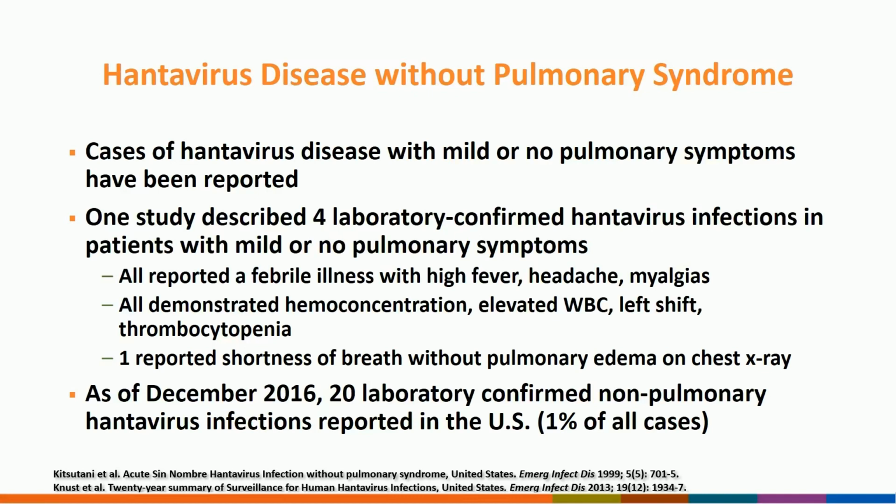Only 1 patient reported shortness of breath without evidence of pulmonary edema on chest X-ray. As of December 2016, 20 laboratory-confirmed non-pulmonary hantavirus infections have been reported in the United States. This represents 1% of all reported hantavirus cases.